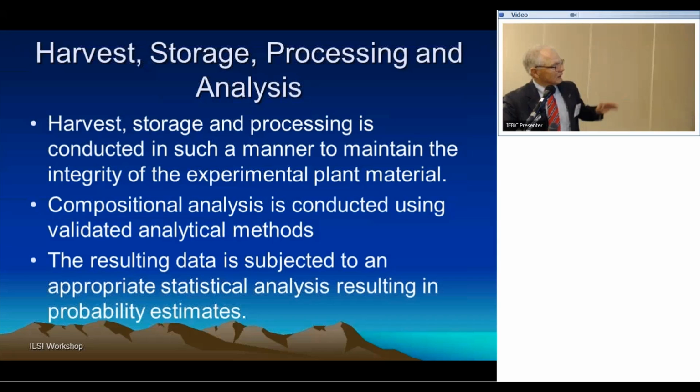Composition analysis is conducted using validated analytical methods. So you've got to be sampling to maintain the integrity, all right? You have to store it, you have to process it to maintain the integrity, and then you have to use the validated analytical methods to measure. So we make sure that we take everything out of it from the standpoint of variability that we can.